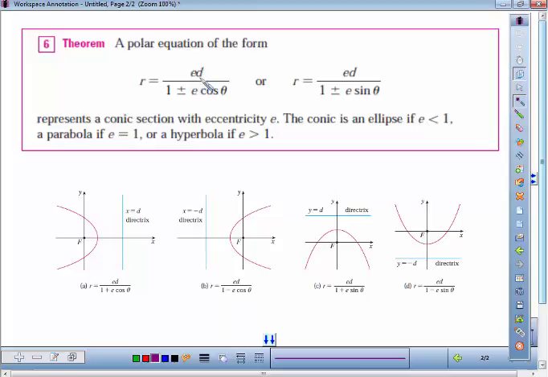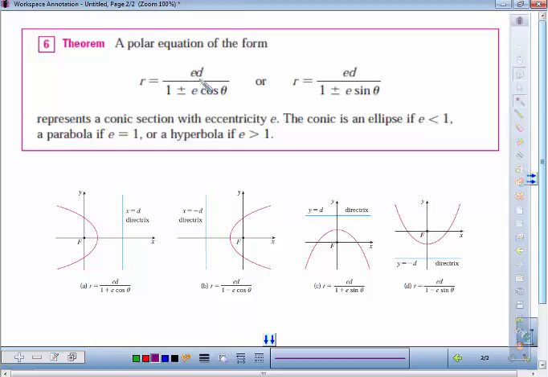We're assuming the directrix is y equals some number or x equals some number. It's a line that's either vertical or horizontal, not any sort of diagonal line. It's just going to be one of those two types of directrix possibilities. So we can put that into the equation as a constant.